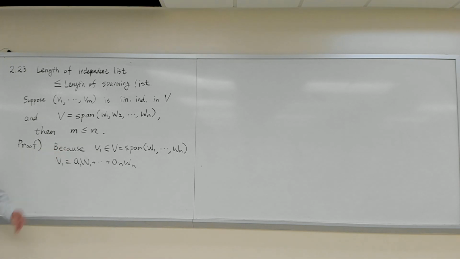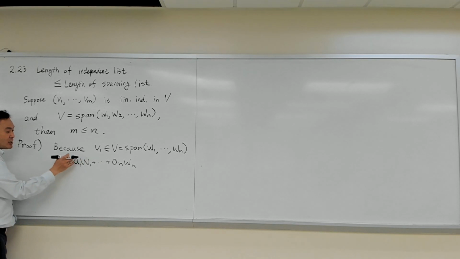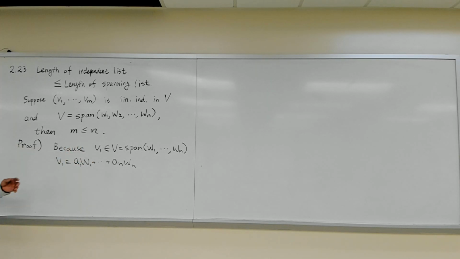Being in the span, that's what it means. But if you move everything to the left side, you have 1 times V1 plus negative A1 W1, and so on, equal to 0. That means there is a non-zero coefficient which will make the linear combination of these equal to 0.